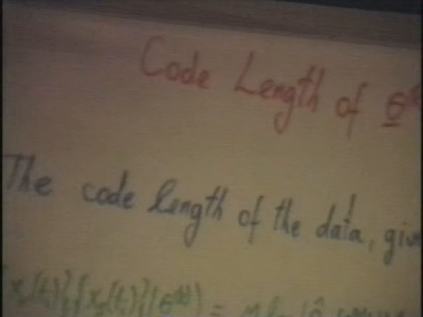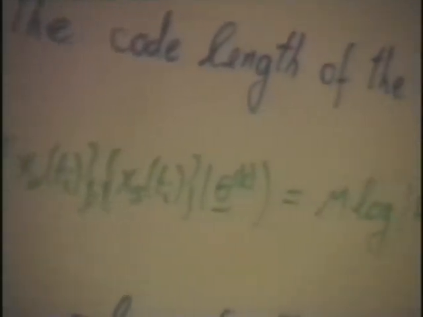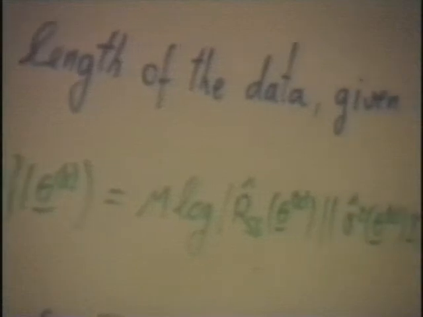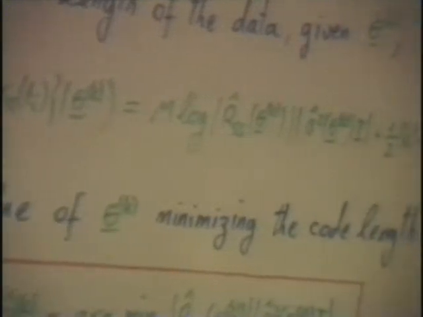Now, since the signal subspace is unknown, we have to estimate theta from the data. And following the MDL rationale, we should pick theta as the value that minimizes the code length. That's what the MDL principle tells us.